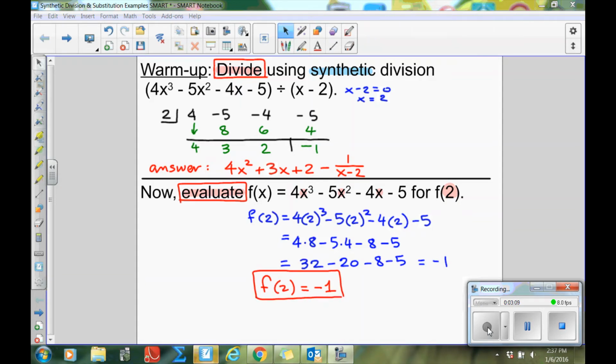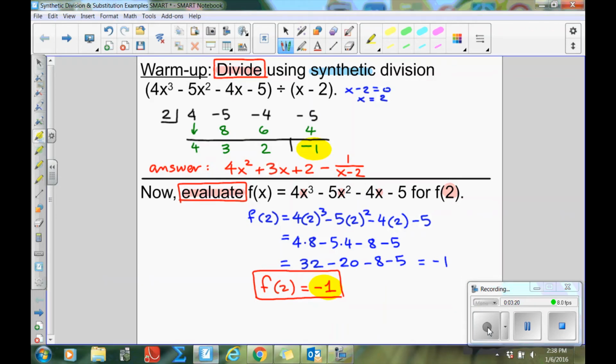Now here's the fun part. Look at that value. And look at the value in the remainder. We were using the same polynomials in both questions. So there is a theorem that says you can divide and the remainder that you get will be the same as the value from evaluating a function, as long as we have the same polynomials to begin with.